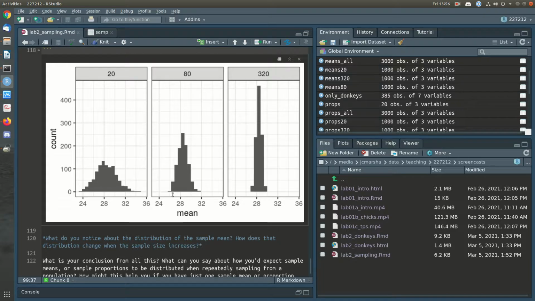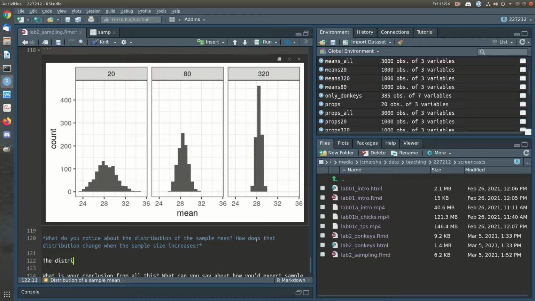And we see a similar thing for size 80 and size 320, and of course the sample-to-sample variation decreases in the same way. Okay, so the distribution of the sample mean is in all cases bell-shaped and centered on the true population mean.